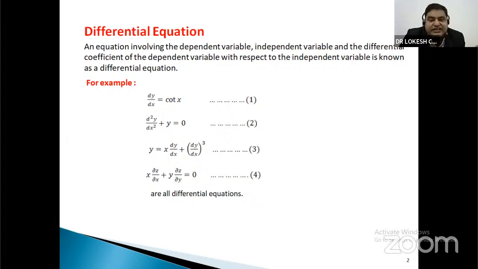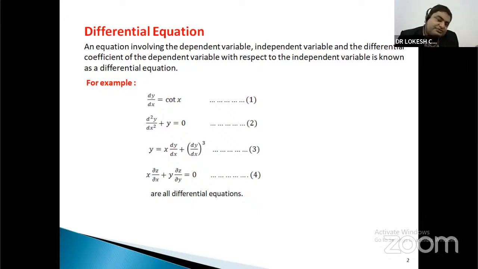So we say that equation number 4 is a partial differential equation. Of all four examples, 1, 2, and 3 are examples of ordinary differential equations, and example 4 is an example of a partial differential equation.